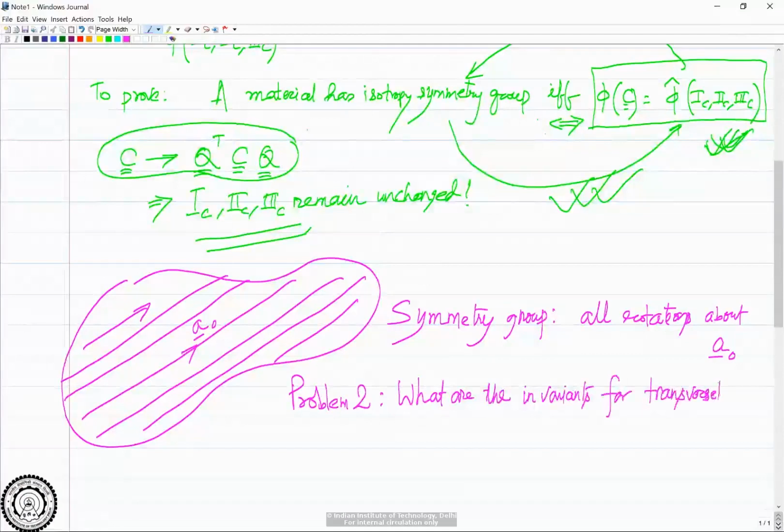Okay, you don't have to prove it, just write down what the invariants are. You go to the internet and find out. But I will modify this question slightly after I have gone through some lecture. Okay.